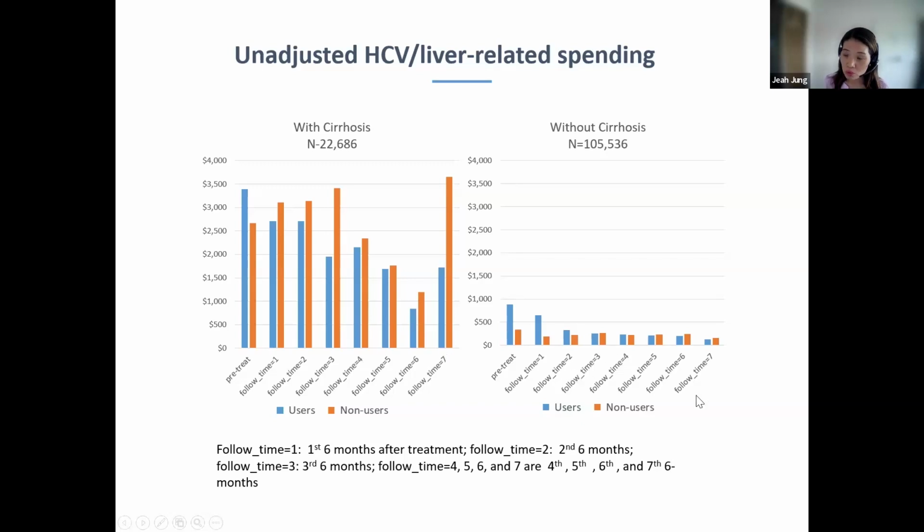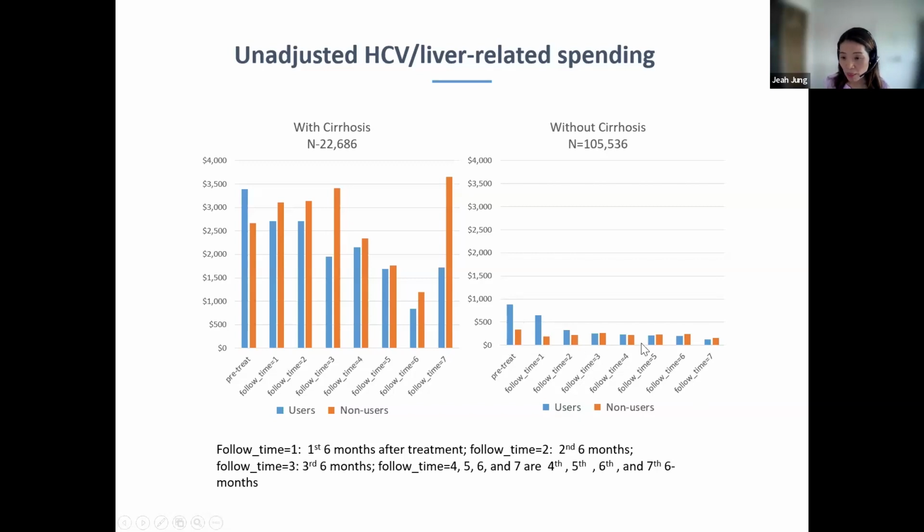When you look at those who didn't develop cirrhosis, yes, the users have more spending during the pre-treatment period, and during the follow-up period users still have somewhat more spending, probably because they are doing more checkups.